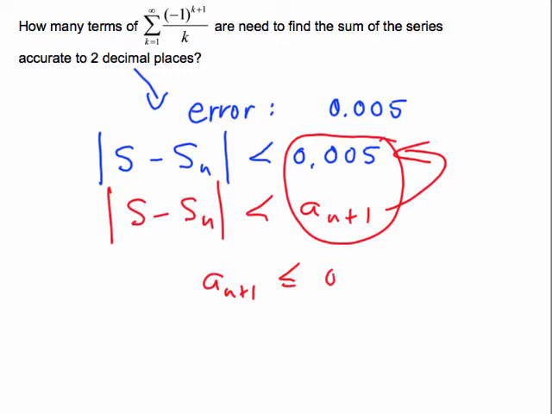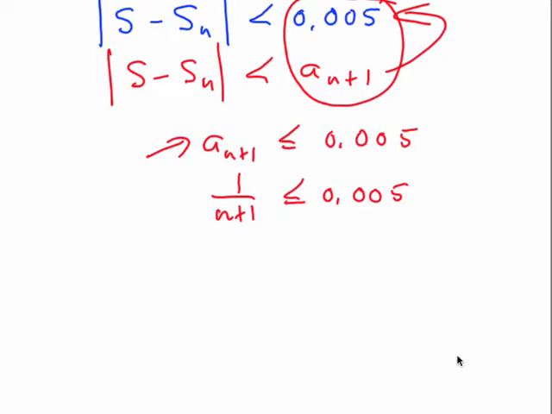In other words, we need to solve an inequality. So the n plus first term of our series 1 over k would be 1 over n plus 1. I can write my decimal as a fraction, 5 over 1,000, which is 1 over 200.